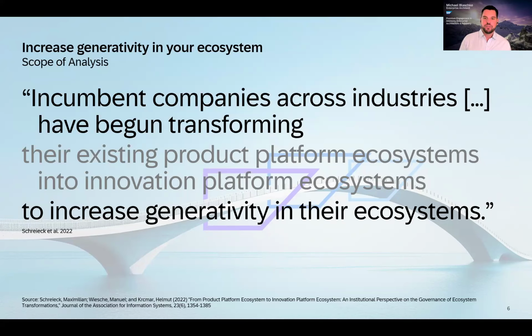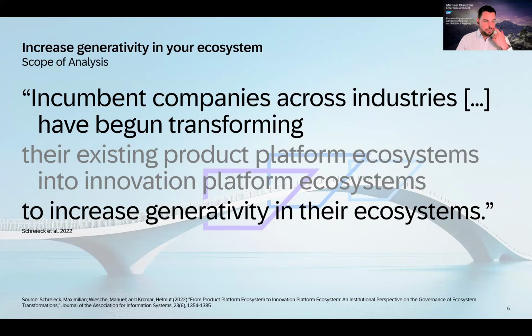And innovation platform ecosystems enable these platform partners to build solutions that the platform owner, that is your organization, never envisioned and couldn't produce on its own. And the EA capabilities presented today ensure this transition is architected systematically rather than in an emerging or chaotic way.